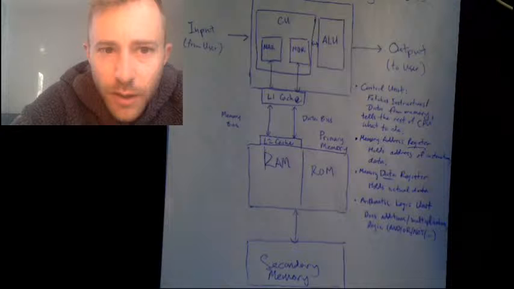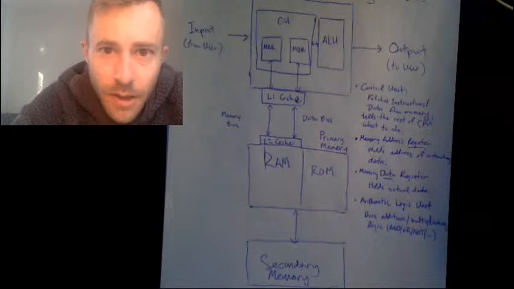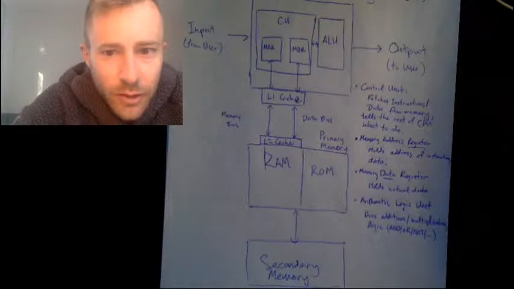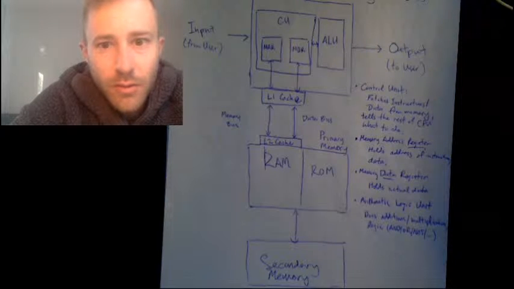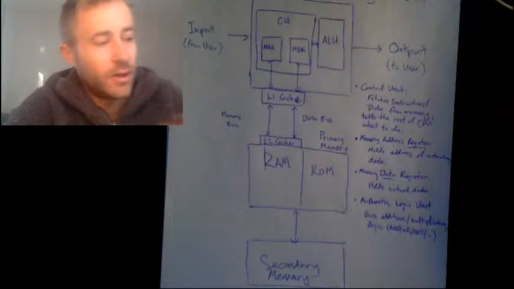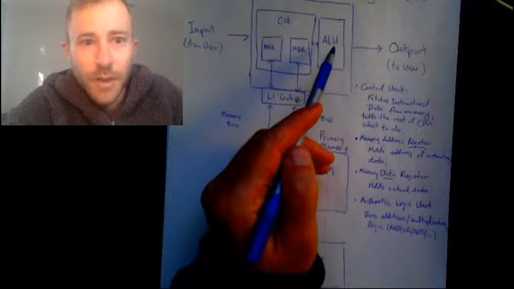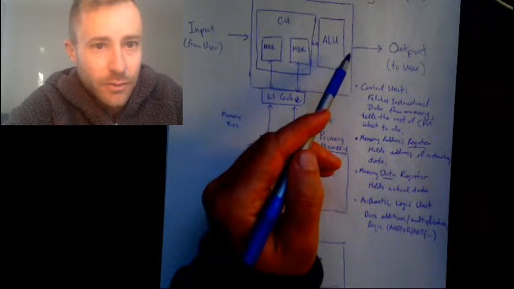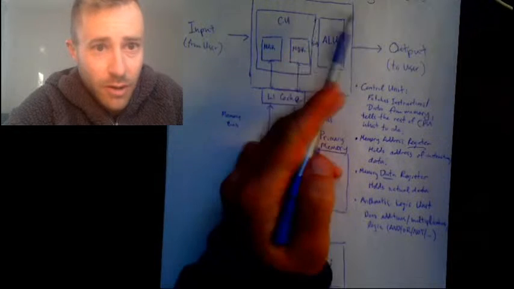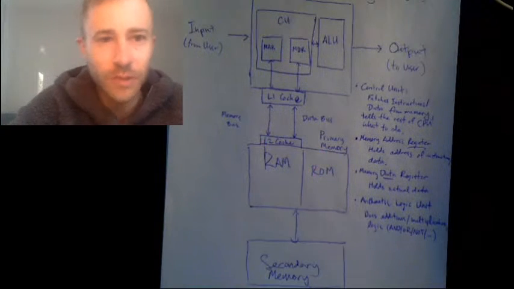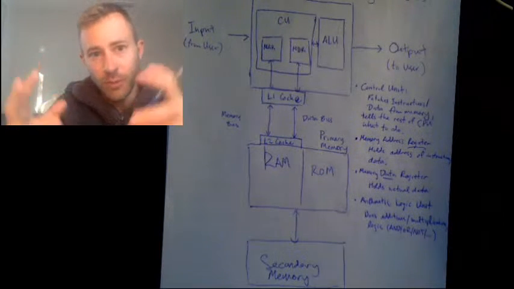A graphics card is essentially a peripheral device that has an arithmetic logic unit that is lightning fast. So you're basically paying for a specialized arithmetic logic unit that's really good at doing the types of computations needed for graphics.